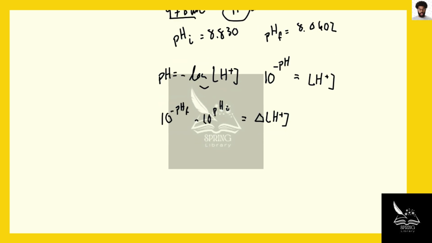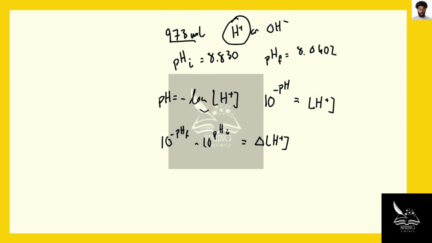All right, well, let's do 10 to the negative pH final. 10 to the negative 8.0602, I get 8.7056 times 10 to the negative 9th. How many sig figs do we have? 5.